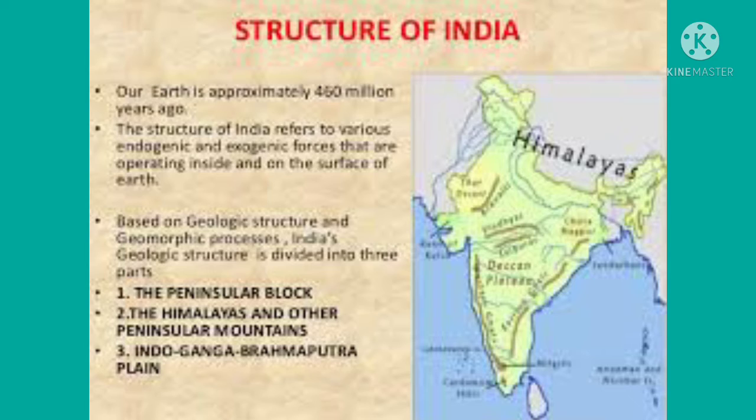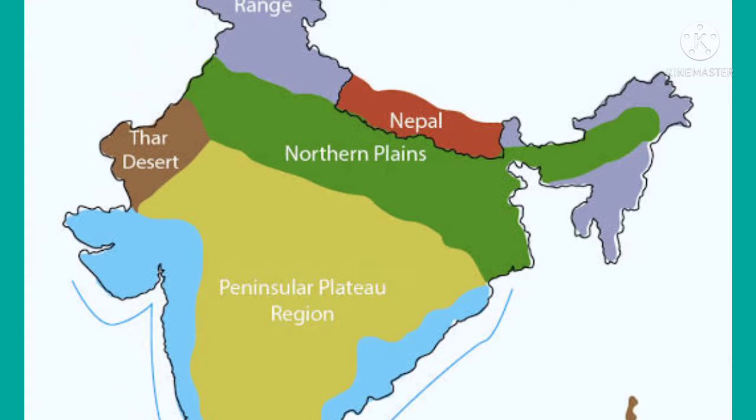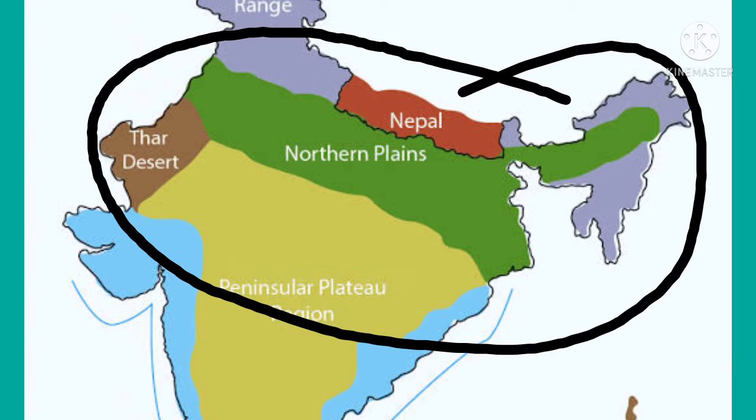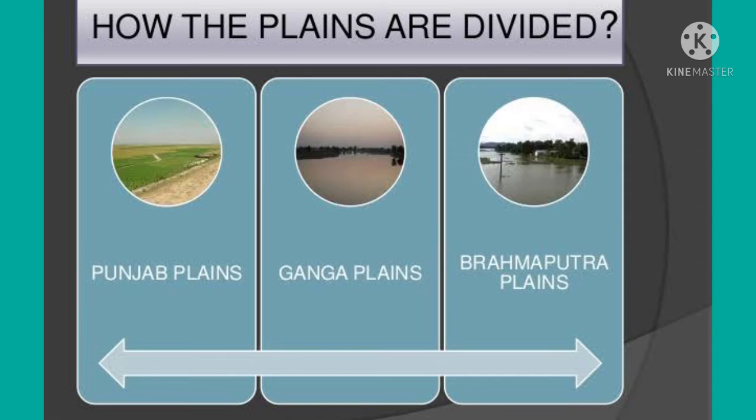The third geological division of India comprises the plains formed by the rivers Indus, Ganga and the Brahmaputra. These plains are divided into northern plains and several other parts. That is also known as the northern plain, about which we will study in the next video.